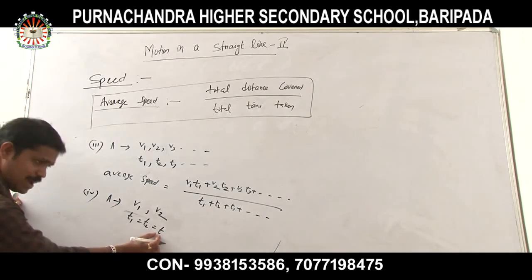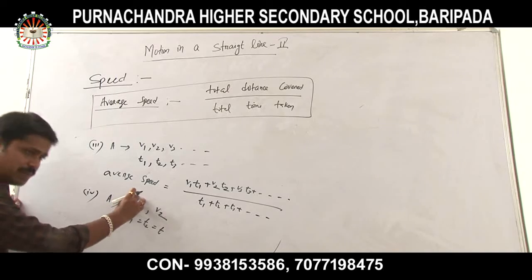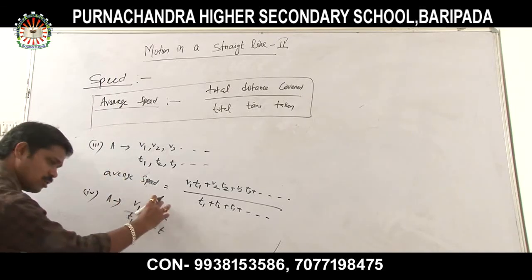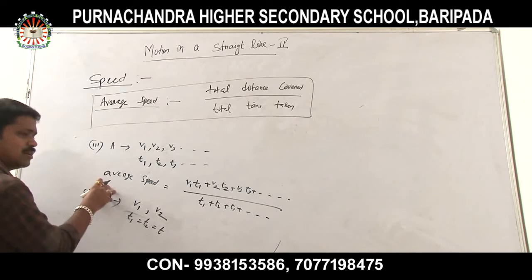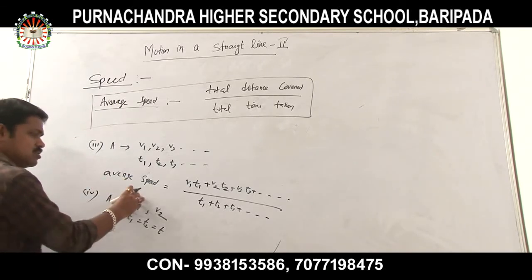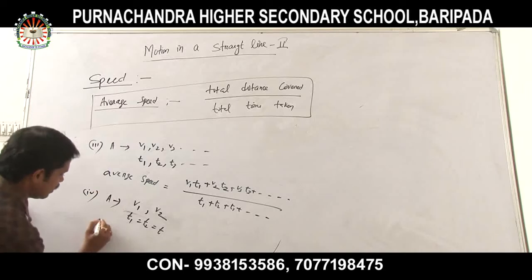Again I will repeat, the object A is having velocity v1 for time t and velocity v2 for time t. Then what is the average speed?